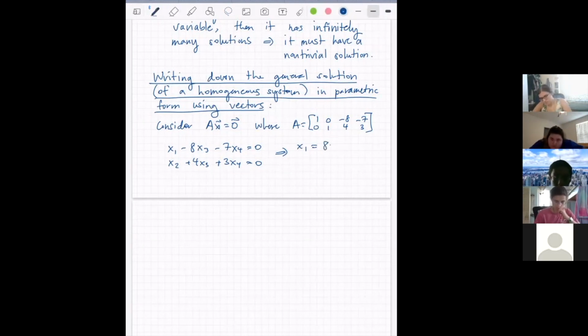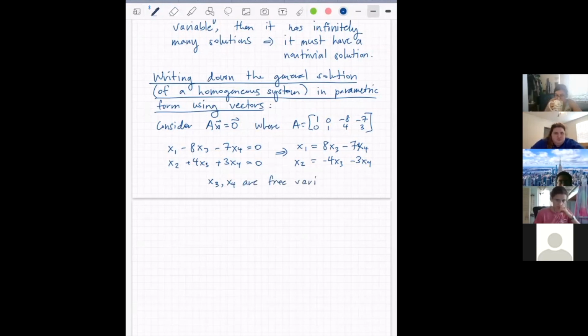So x1 equals 8x3 plus 7x4, and x2 equals negative 4x3 minus 3x4, right? Okay. Now we have x3 and x4 as free variables.